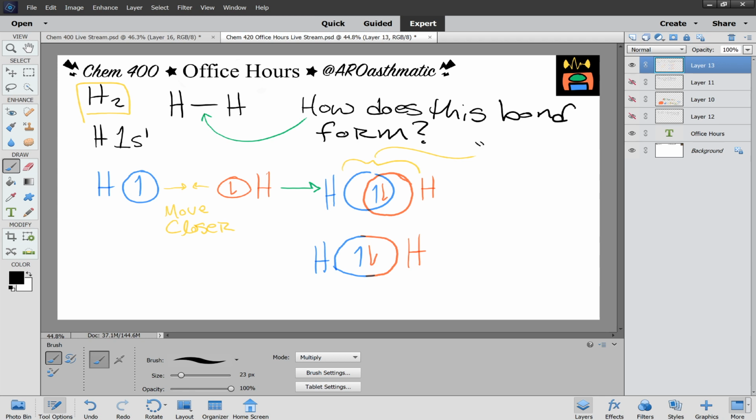This is called direct orbital overlap. All right, that is the name for that thing. It is called direct orbital overlap, and direct orbital overlap makes a type of bond known as a sigma bond.